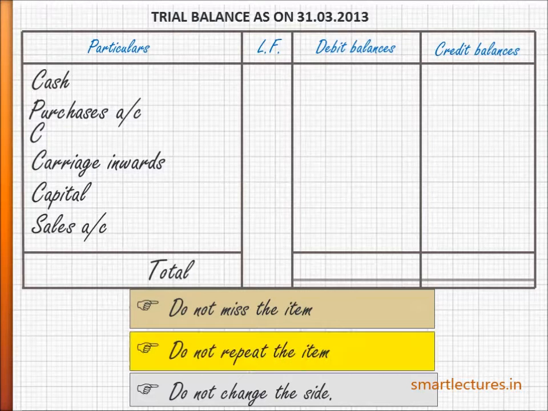Don't repeat the item means one item can be taken to final accounts only and only once. It cannot be repeated. Don't change the side means the debit item of the trial balance will go to the debit side of final accounts and the credit item of the trial balance will go to the credit side of final accounts.